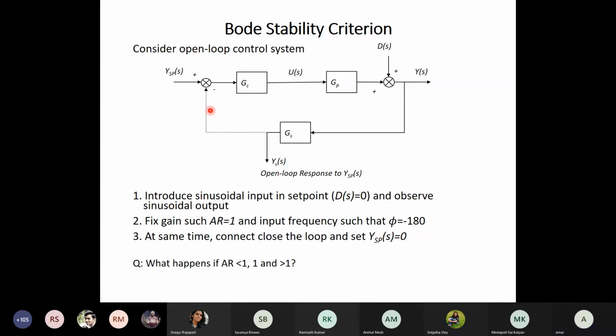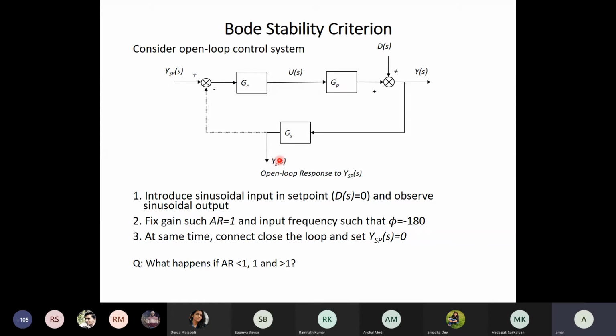Now I change this omega. If I change this omega till I reach the crossover frequency. The crossover frequency definition is the frequency where the phase difference is minus 180 degrees. So I increase the omega, I change the frequency, and then I reach here at the crossover frequency.